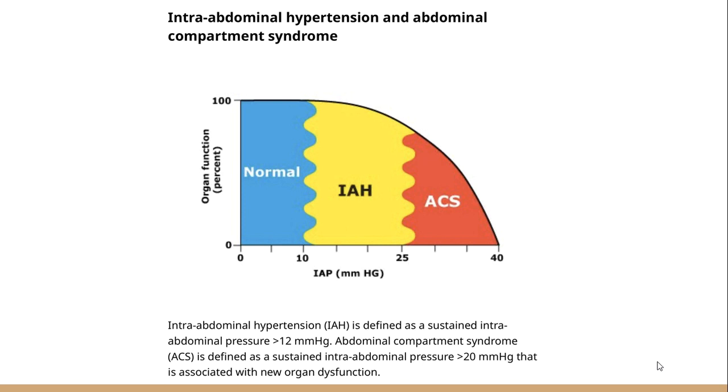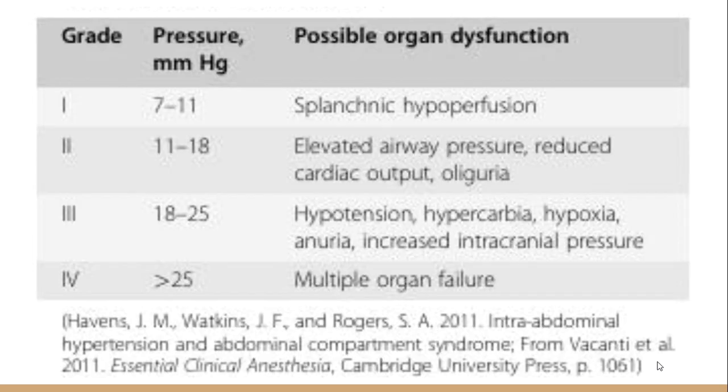So intra-abdominal hypertension, when the pressure increases more than 10, and if it is more than 25, converts into ACS. Being intensivists, we should target this area. We should treat in this area. Otherwise, the organ dysfunction progresses, and once there is organ dysfunction, there is high risk of mortality.